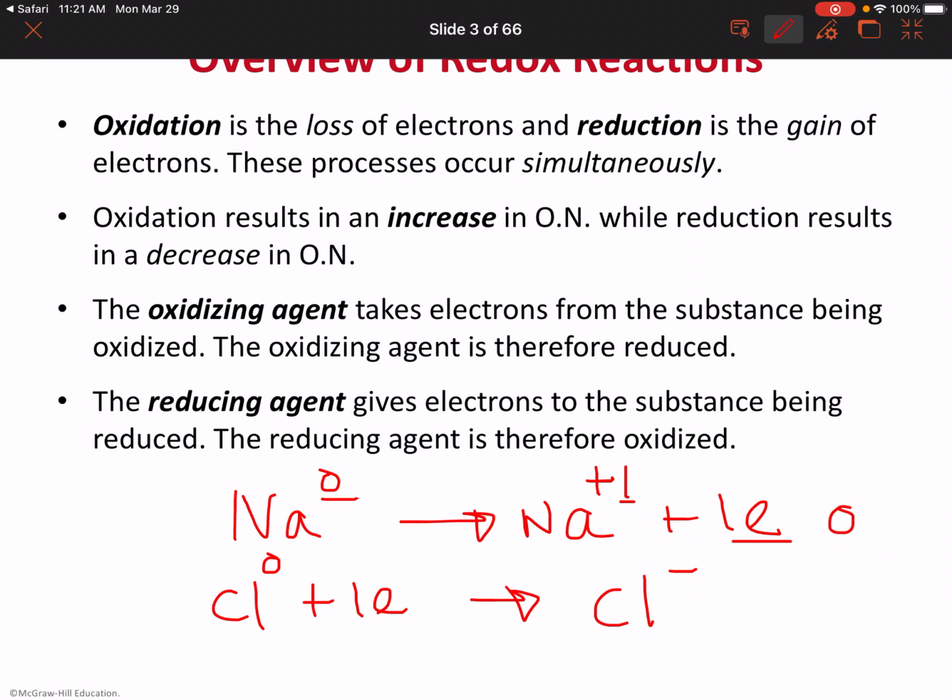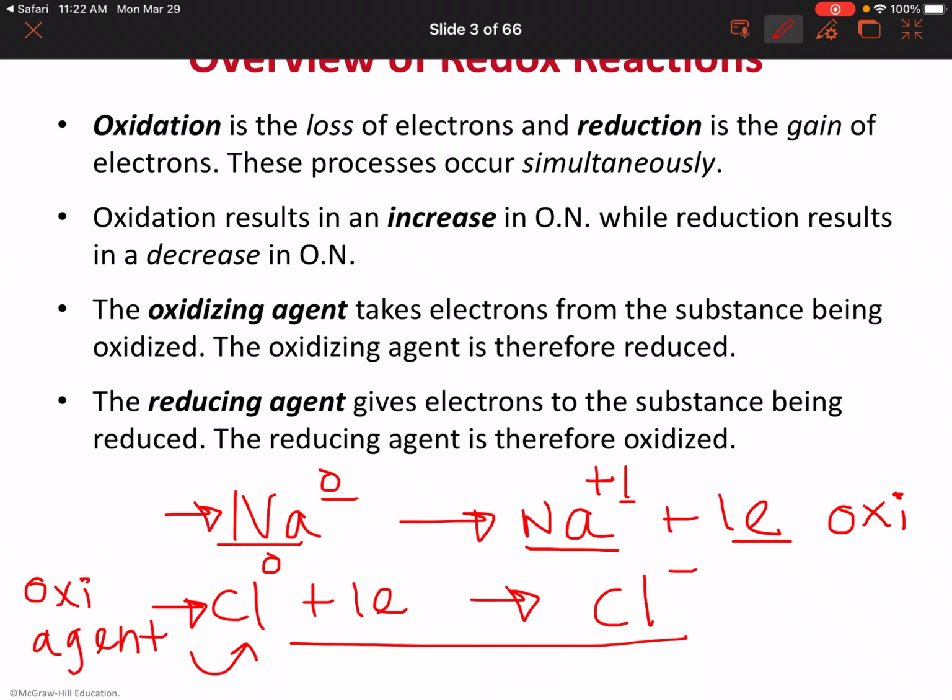This process is oxidation because sodium loses an electron to become sodium plus 1. The process is oxidation, but who is the oxidizing agent? Chlorine is the oxidizing agent. But this process is oxidation.